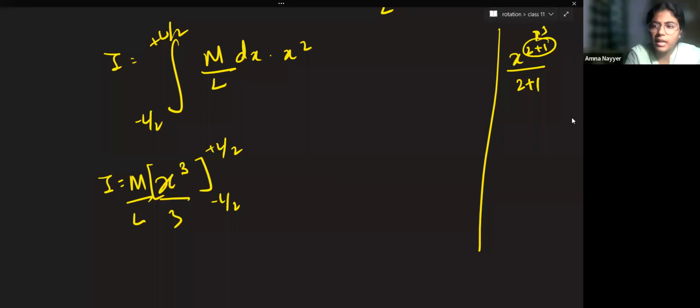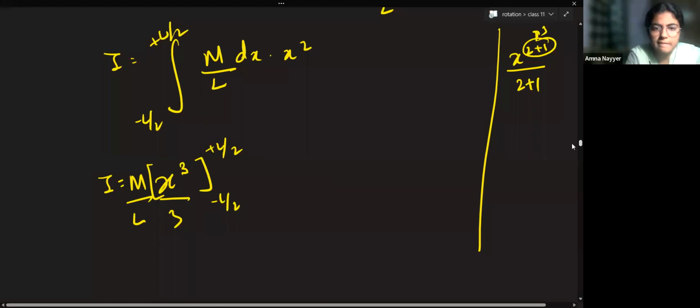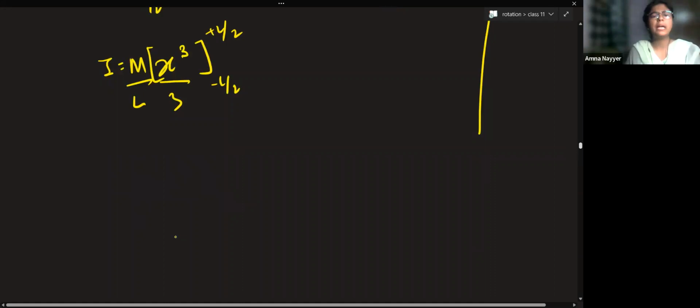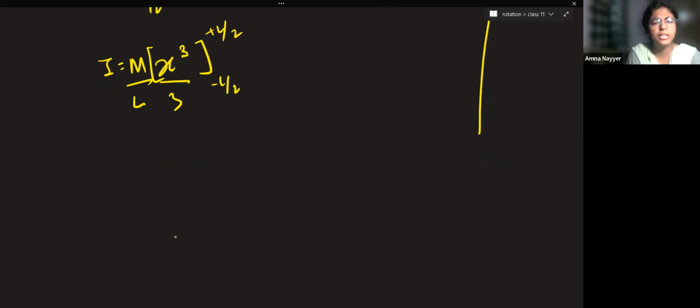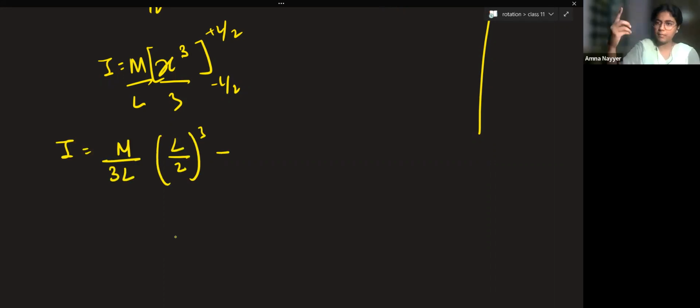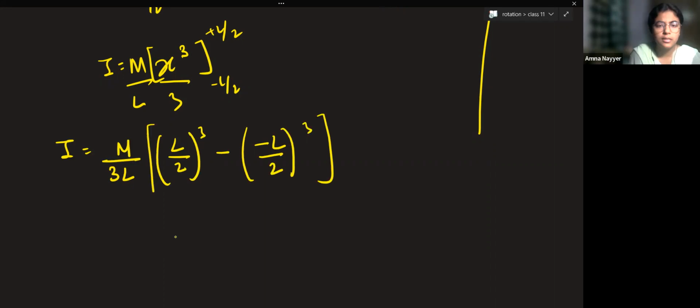Now let us put in the values. Keep M by 3L together. This will make our work easier. M by 3L, so this becomes upper limit L by 2 whole cube, minus, in the place of this minus, the lower limit, that is minus L by 2 whole cube.